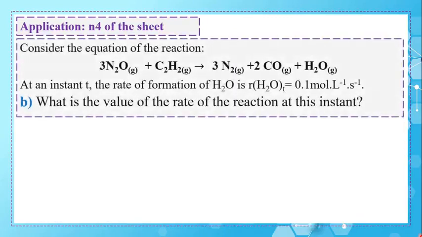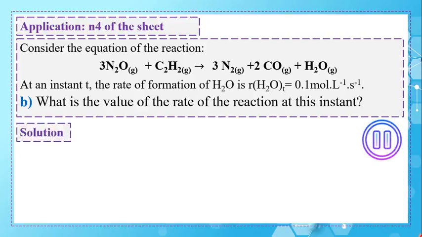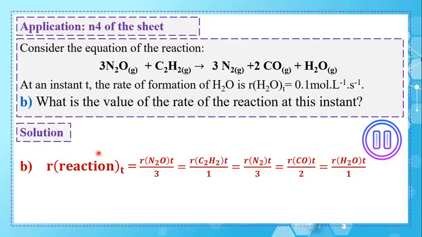Now, part B of the question. Please take 2 minutes and solve it. The solution of this part is the rate of the reaction at instant T is equal to the rate of disappearance of the reactants over their stoichiometric ratio equal to the rate of formation of the products over the stoichiometric ratio.